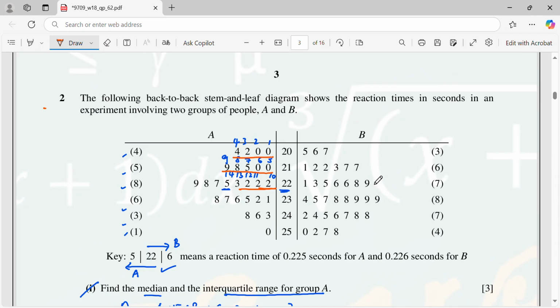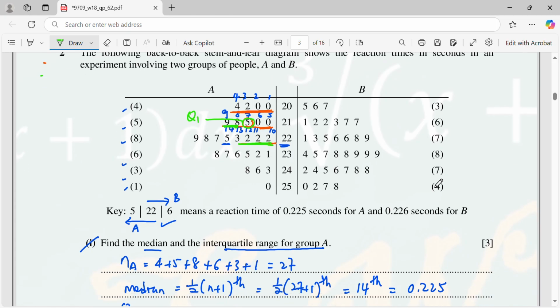So I need to get the middle value of these first 13 data. The middle value will be at 7, because it will be 6 to the left and another 6 to the right. So my Q1 is this value, 0.215.